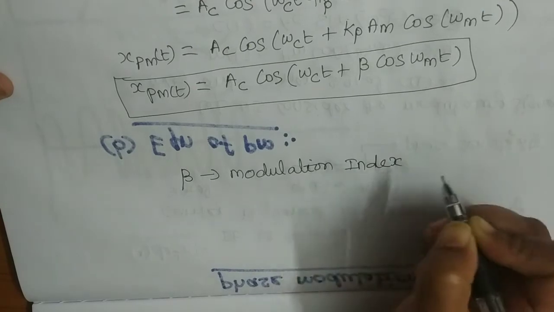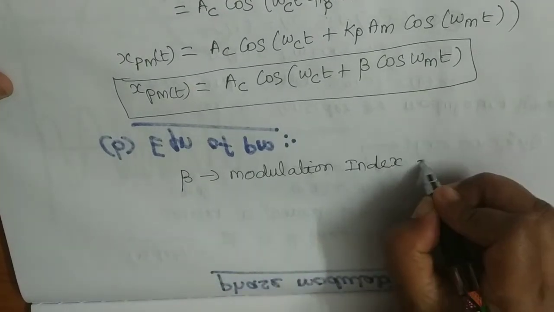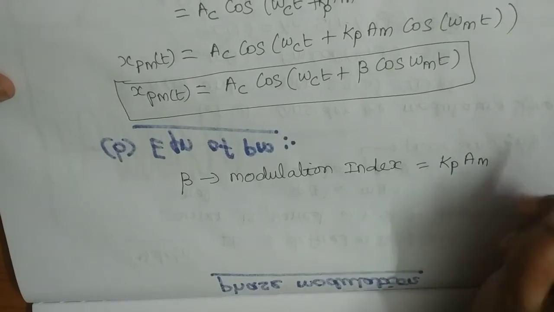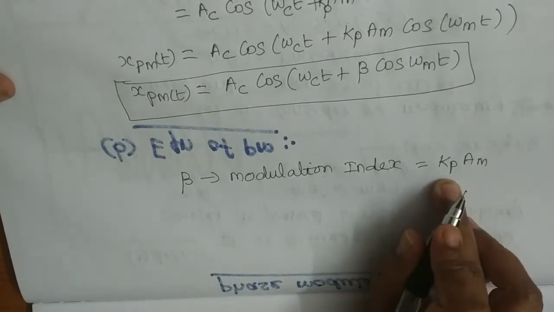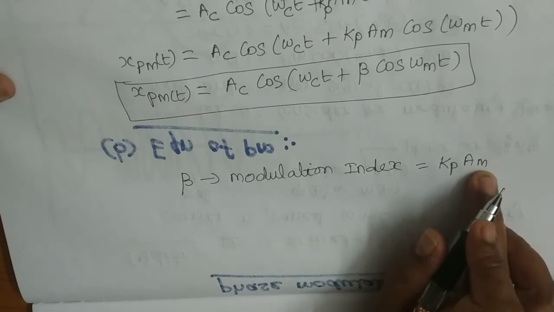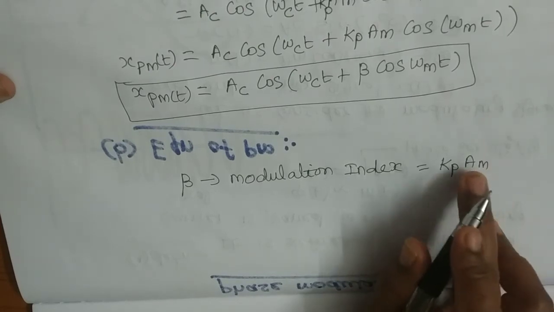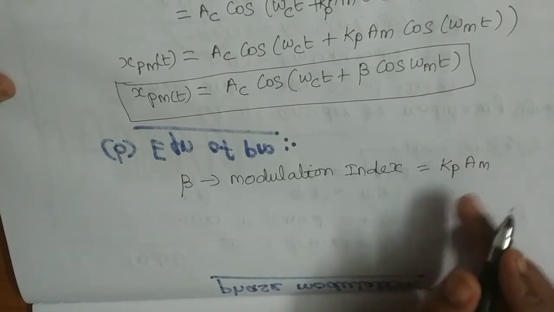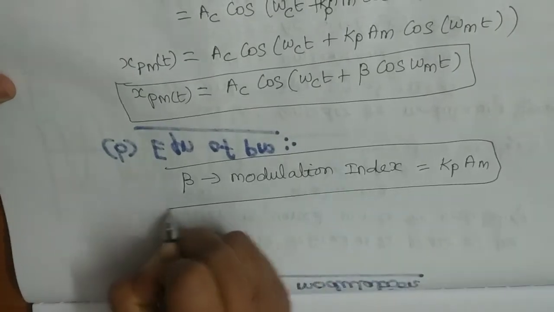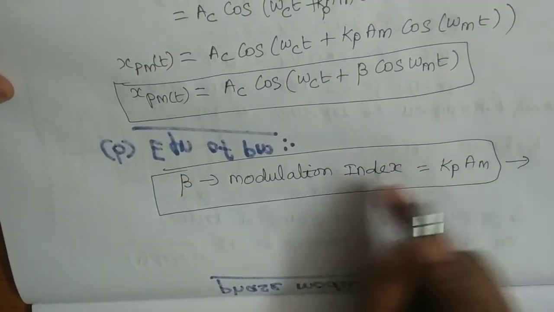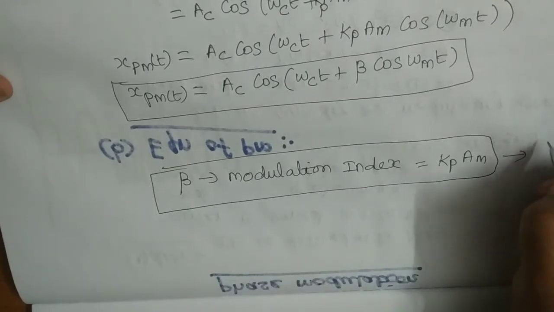The modulation index for phase modulation is equal to kp into Am. kp is the phase sensitivity of the modulator, and Am is the amplitude of the modulating signal or modulating signal voltage. So instead of Am, we can use Vm. So this is the modulation index for phase modulation.